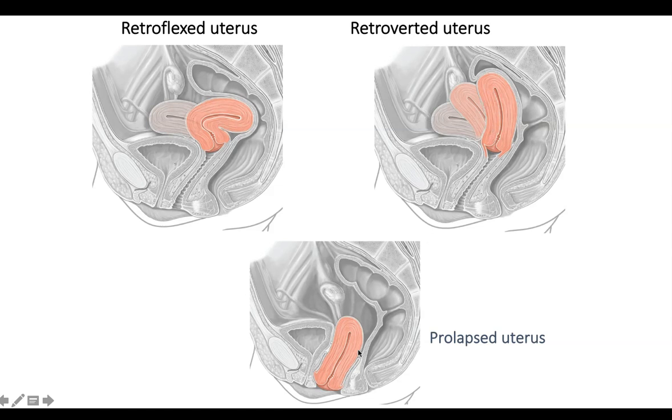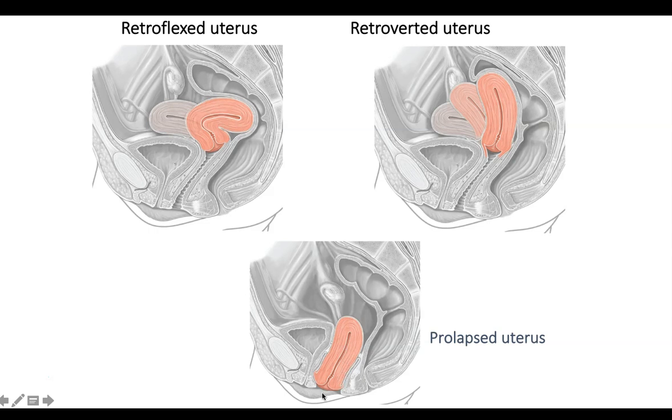And also if the pelvic support of the uterus gets weaker after several childbirths, the uterus can prolapse, usually through the vagina.